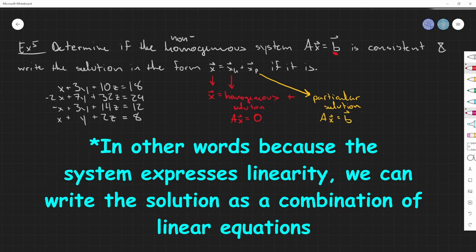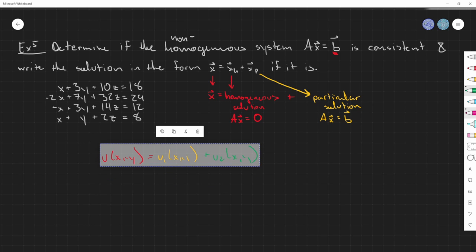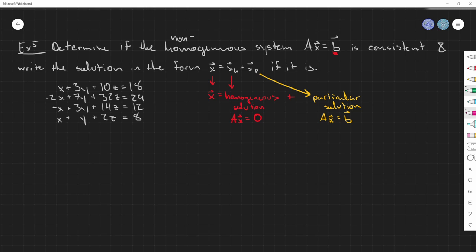So in other words, if we have some solution set u of xy, and we know this is a linear system, then we can make 2 other solutions, u1 of xy plus u2 of xy, and because these two, u1 and u2, add up to u, that means u1 and u2 are also solutions to an arbitrary problem that I did not mention.